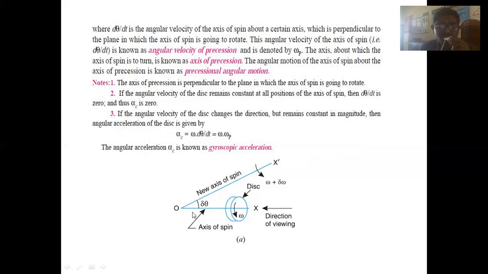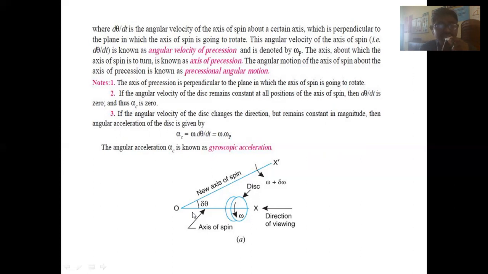Here we are going to conclude two points. Here we have two components which are rotating. Number one, the disk is rotating with angular velocity omega. It is rotating about an axis, that axis we call the axis of spin. And another component is also rotating, that is the axis of spin. The axis of spin is rotating with an angular velocity omega p, that we call the angular velocity of precession.